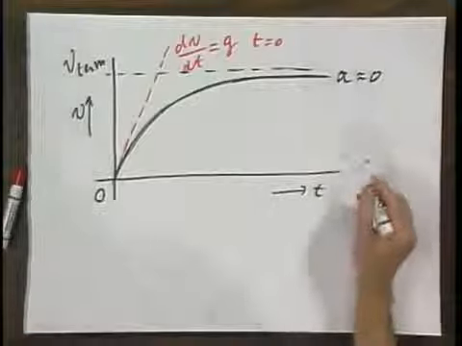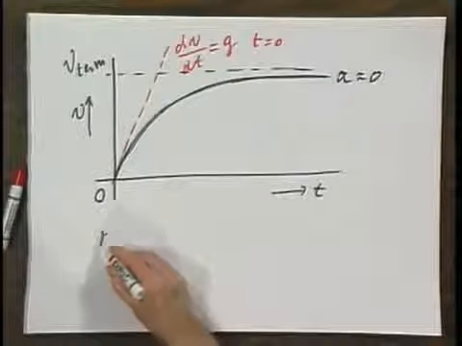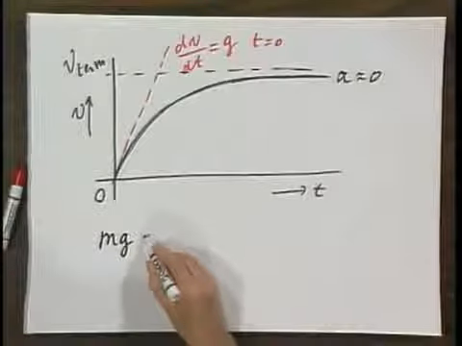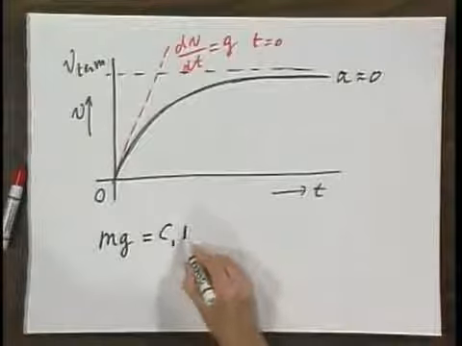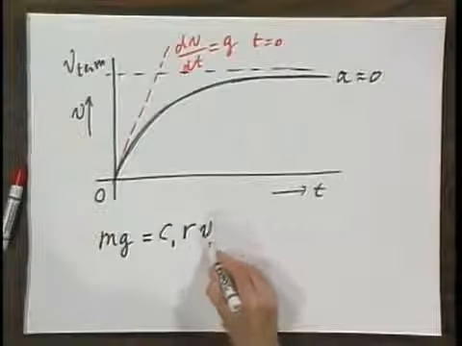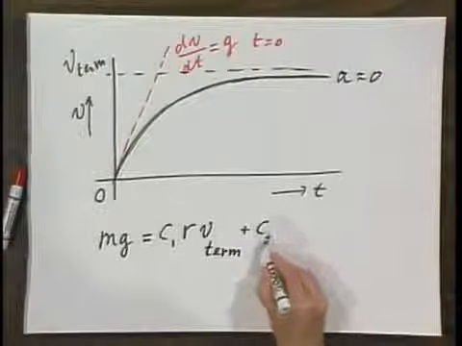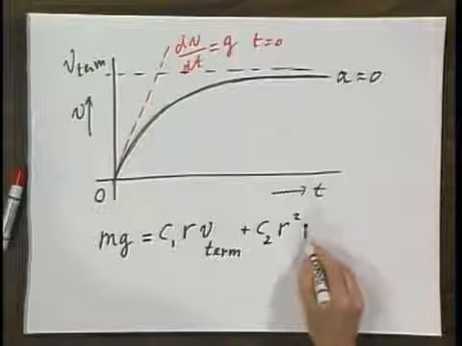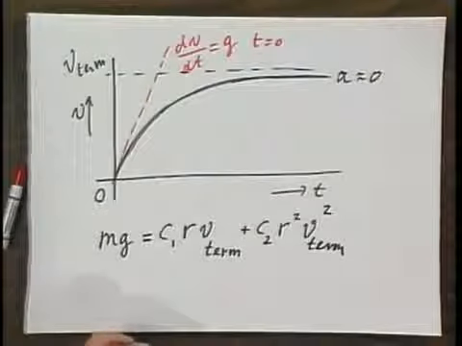What will the terminal velocity be? Well, that will be when the gravitational force becomes equal to the resistive force. So when mg equals c1 r times v terminal plus c2 r squared v terminal squared.